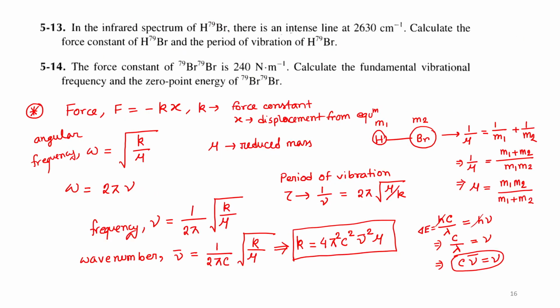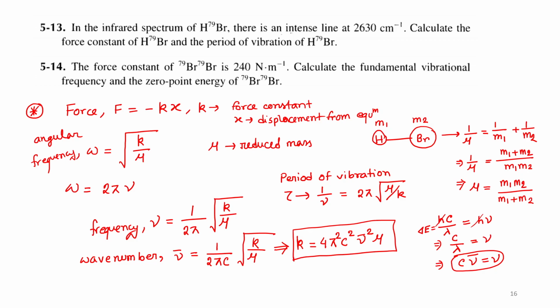So similarly, the question states that the force constant of 79 bromine and 79 bromine is 240 Newton meter inverse. Calculate the fundamental vibrational frequency and the zero point energy. So now the fundamental vibrational frequency, that is my nu bar or nu.